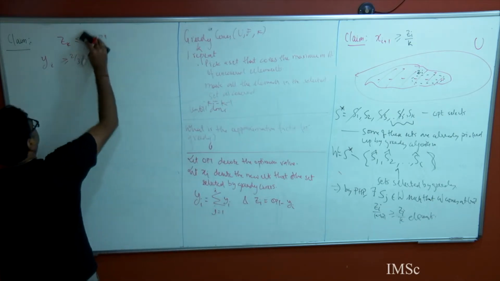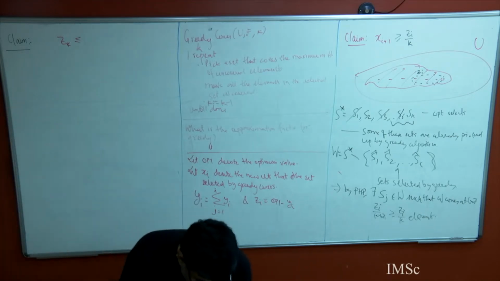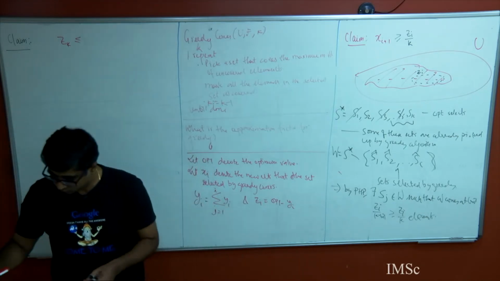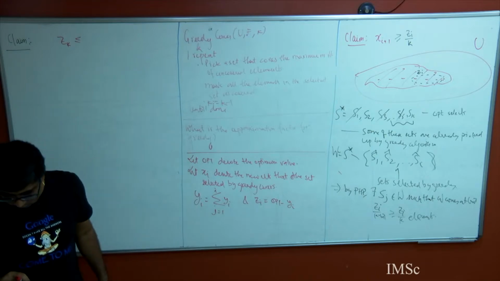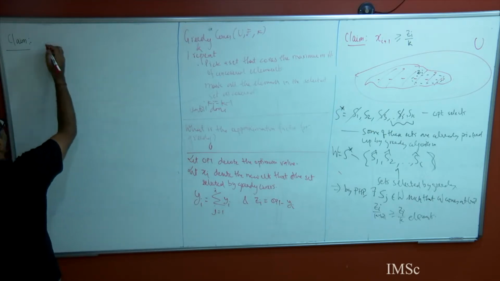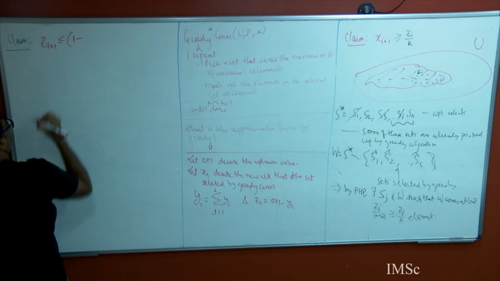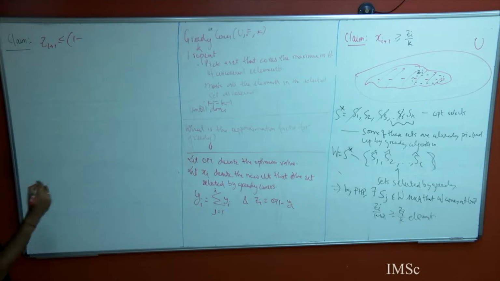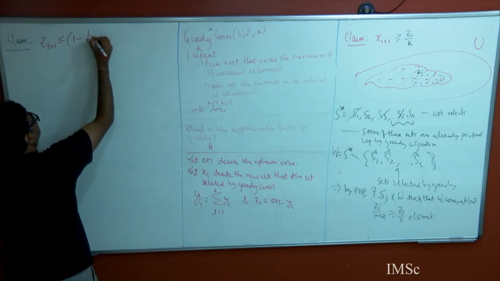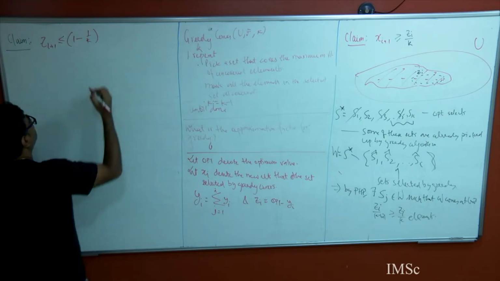So I'm going to claim Zi plus 1 is less than or equal to (1 minus 1 by k) to the power i plus 1 times opt.